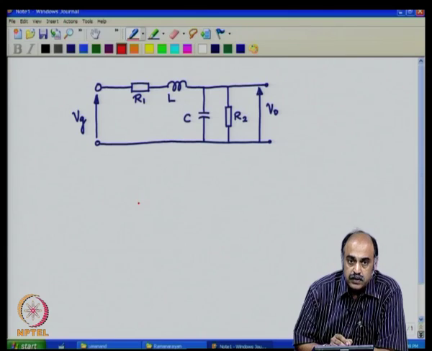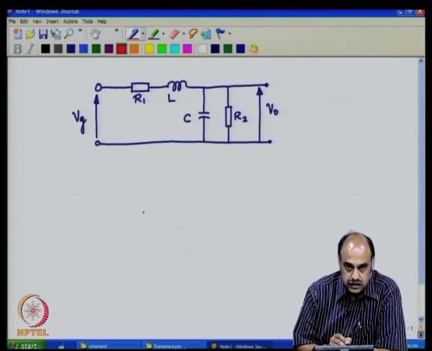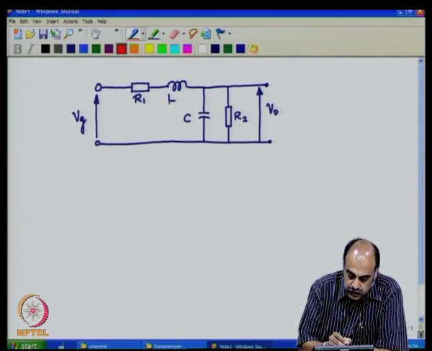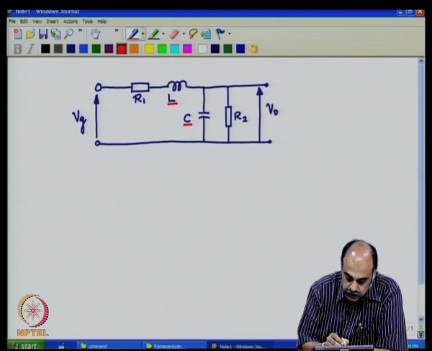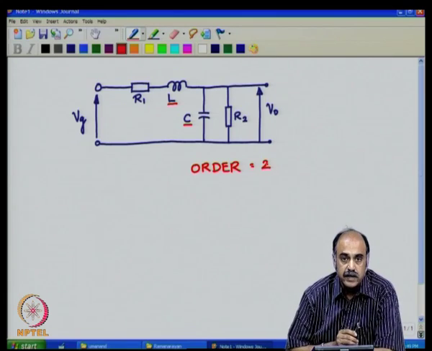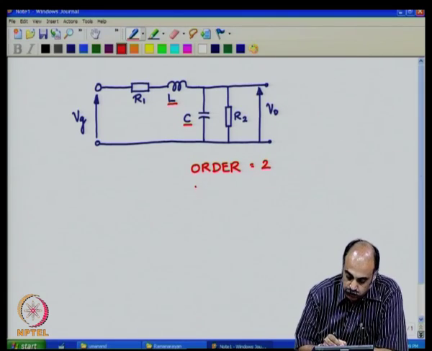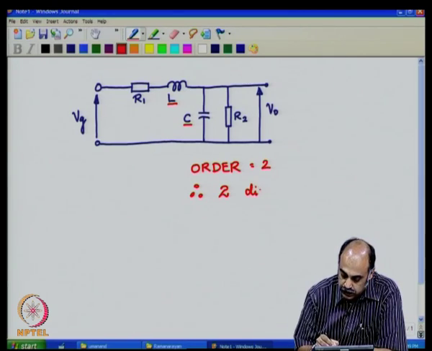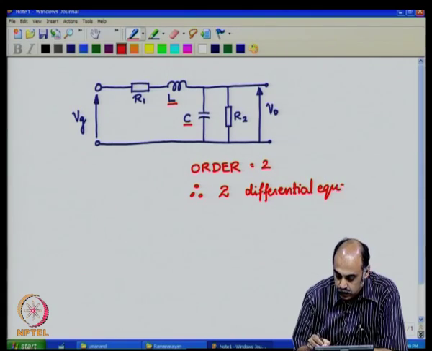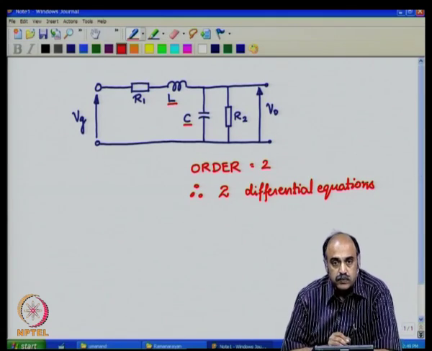Now, following the steps that we discussed in the last class, the first step was to identify the energy storage elements, and by this we know that this is a circuit of order 2. So, it is a second order system, and therefore, we will have two differential equations that will represent the system.